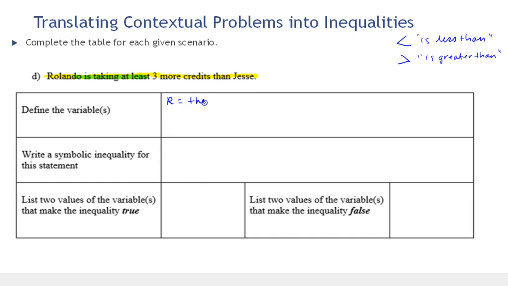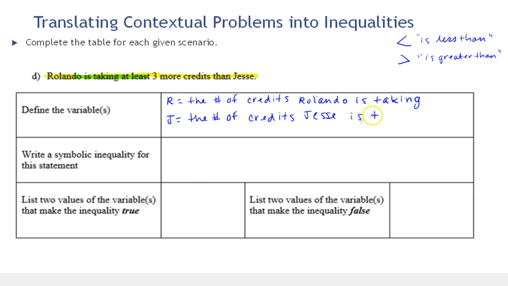So R equals the number of credits Rolando is taking. And we'll let J equal the number of credits Jesse is taking.